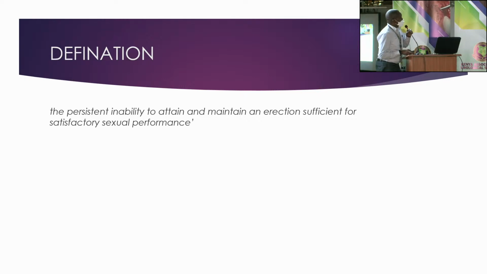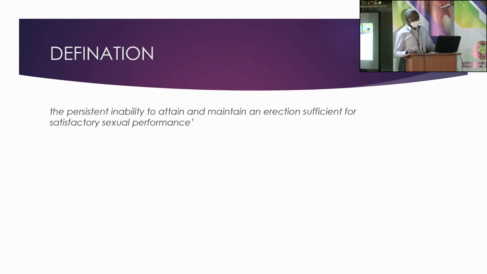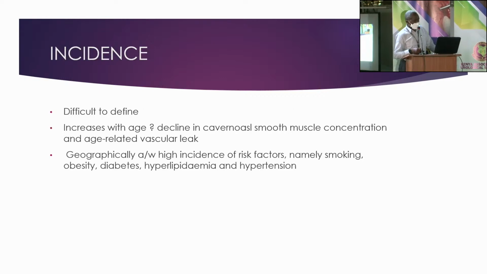The incidence of ED is difficult to define, but we would say that it increases with age, as the previous presenter has said, and this is likely due to a decline in cavernosal smooth muscle concentration and also age-related vascular leak. Geographically, in those areas where we find high prevalences of smoking, obesity, diabetes or hypertension, the incidence of ED tends to be higher.